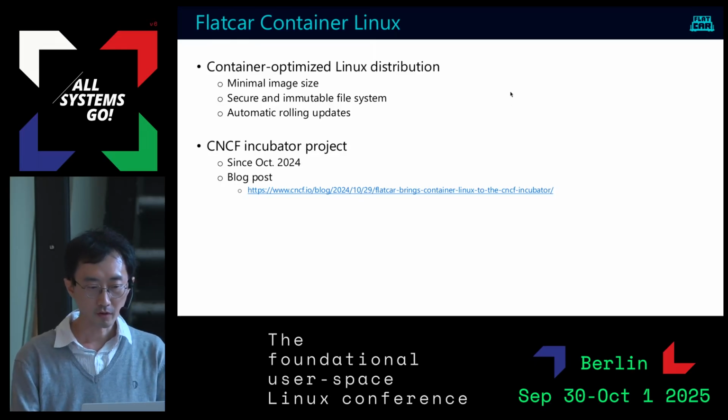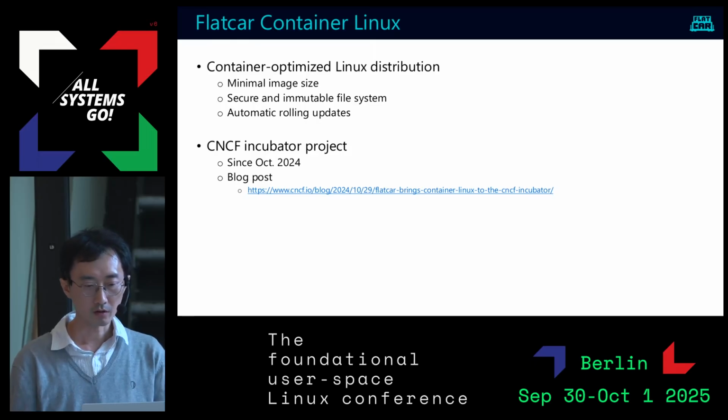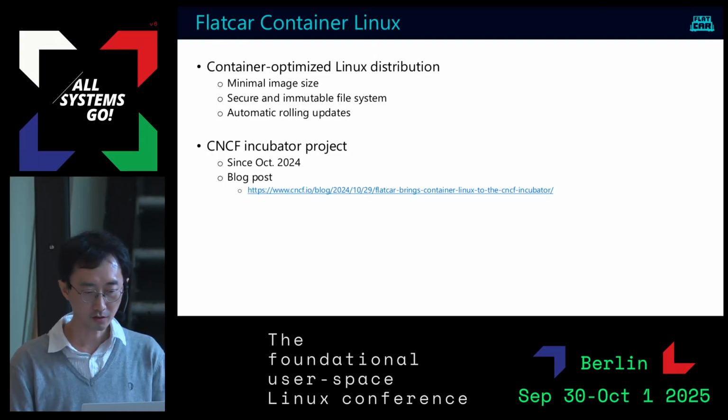So, for example, the secure and immutable file system is very critical for our image-based OS, as you have already seen in the last years.